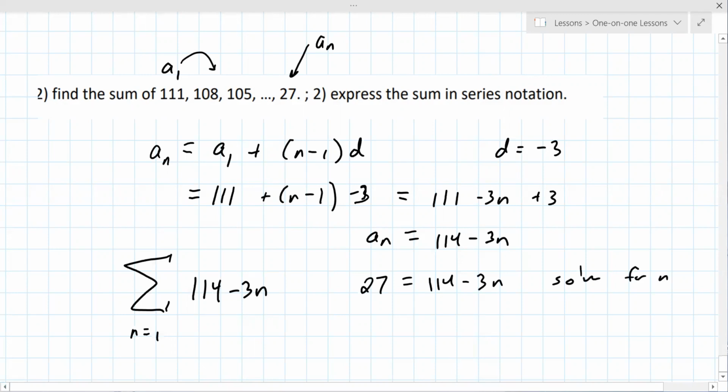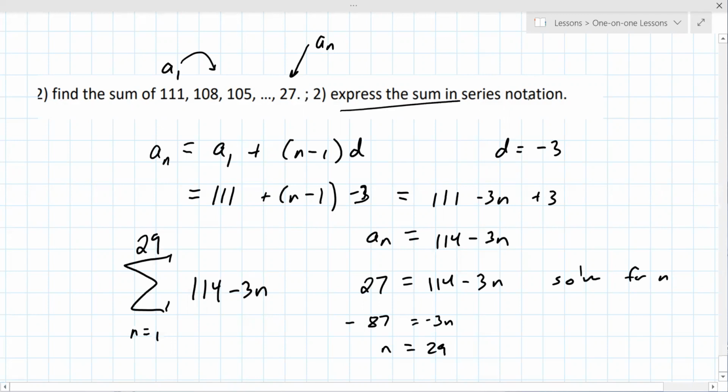So you subtract the 114. 27 minus 114, which is 87, so 87 equals minus 3n, so n equals 29. Oh, okay, that's a good comment. That's how you come up with that number.